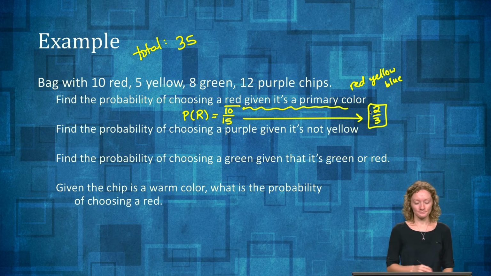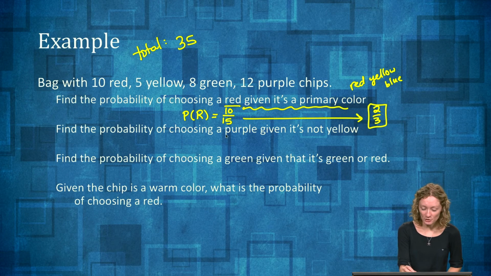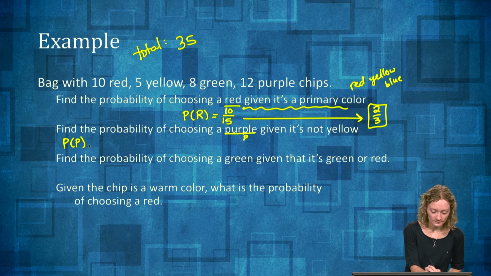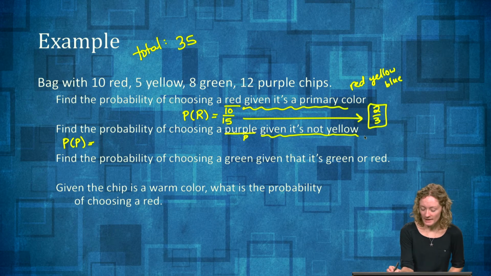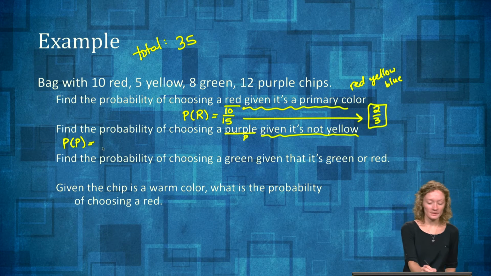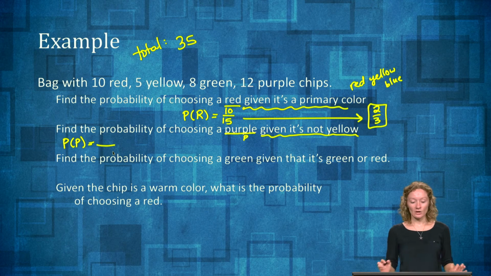Okay, next one. Find the probability of choosing purple given it's not yellow. Probability of choosing purple, purple's the event, given it's not yellow. So it's not all 35 as the denominator, it's not yellow, which means it's red, green, or purple.